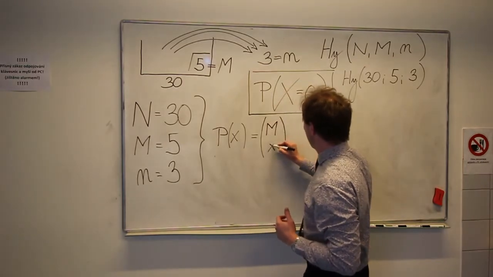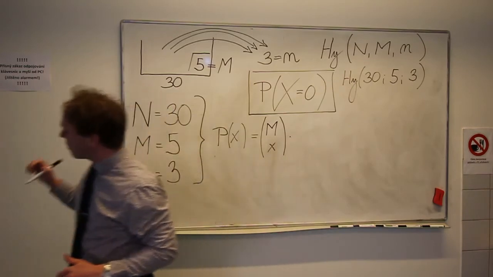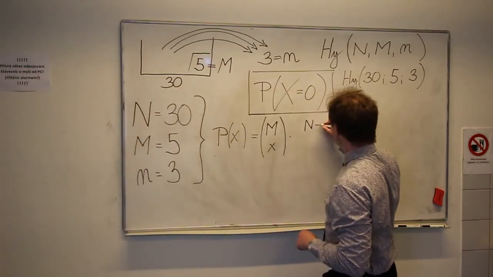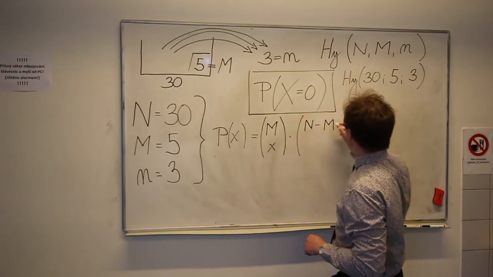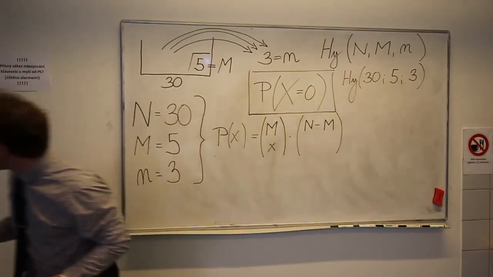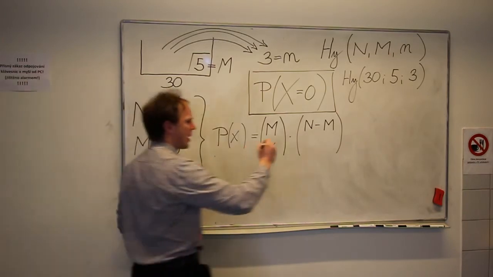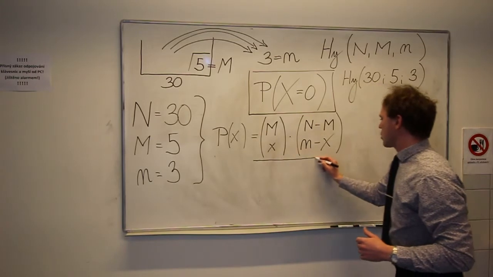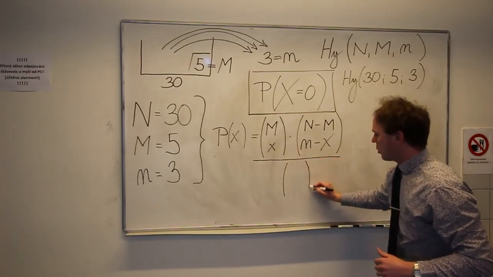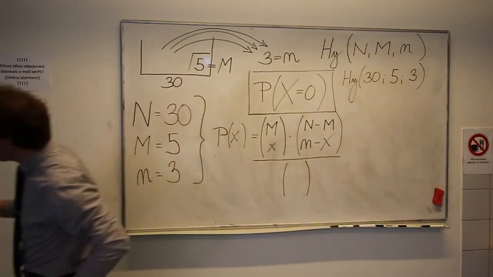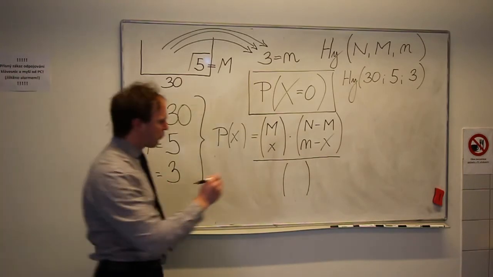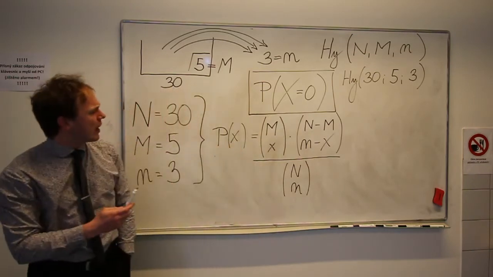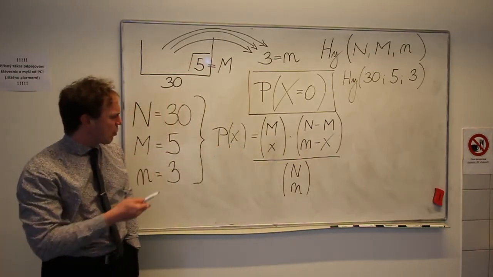That is the first combination number times the difference capital N minus capital M, and this is above small n minus x. And here in the denominator there is again a combination number where we have capital N above small n. I hope that I rewrite this correctly.